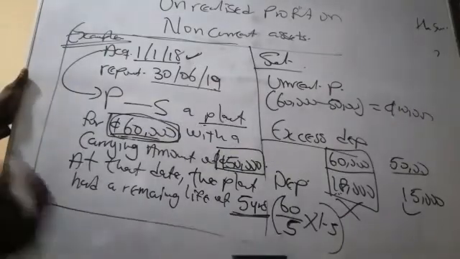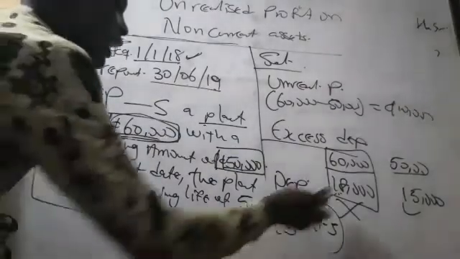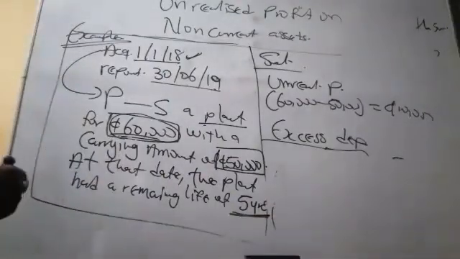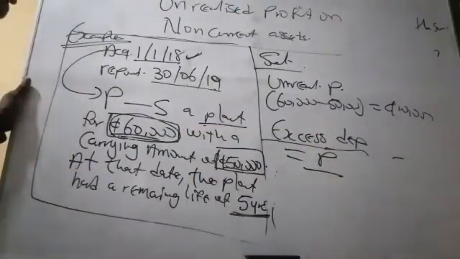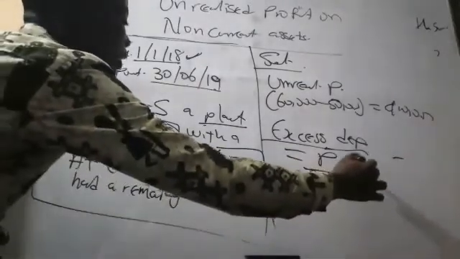This 3,000, how do you get the shortcut? You don't need to go through all this. 18 minus 15, you get 3. It's a long process, extremely long. The excess depreciation is nothing but the profit divided by the remaining useful life times the cumulative years.